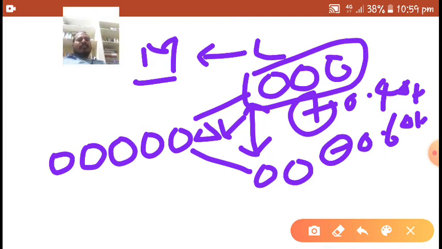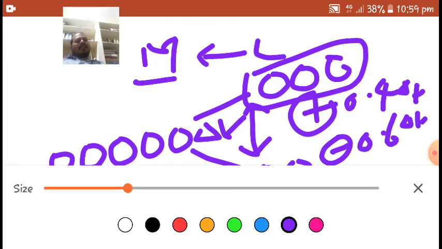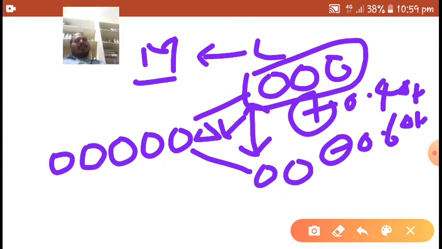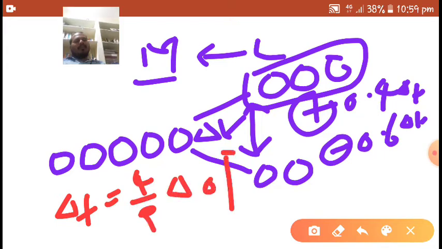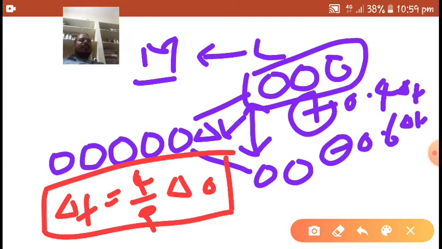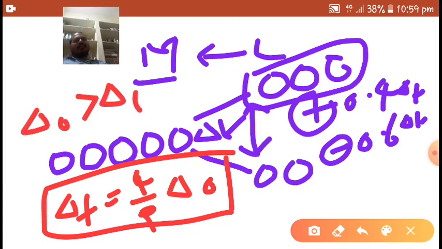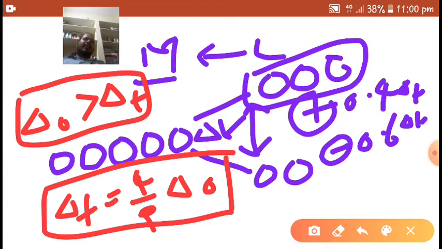So, the relationship between octahedral splitting energy and tetrahedral splitting energy is delta T equals 4/9 delta O. This is the relationship between delta O and delta T. From this formula, it is obvious that delta O is greater than delta T, meaning the crystal field splitting energy of octahedral complexes is higher than that of tetrahedral complexes.